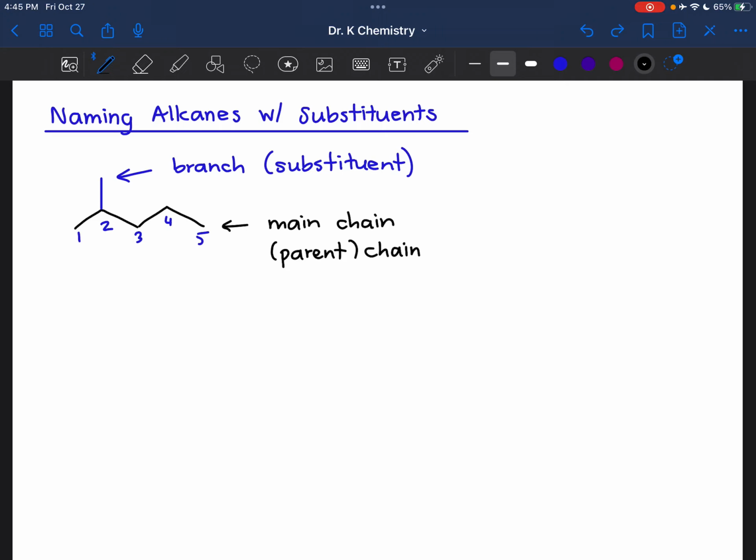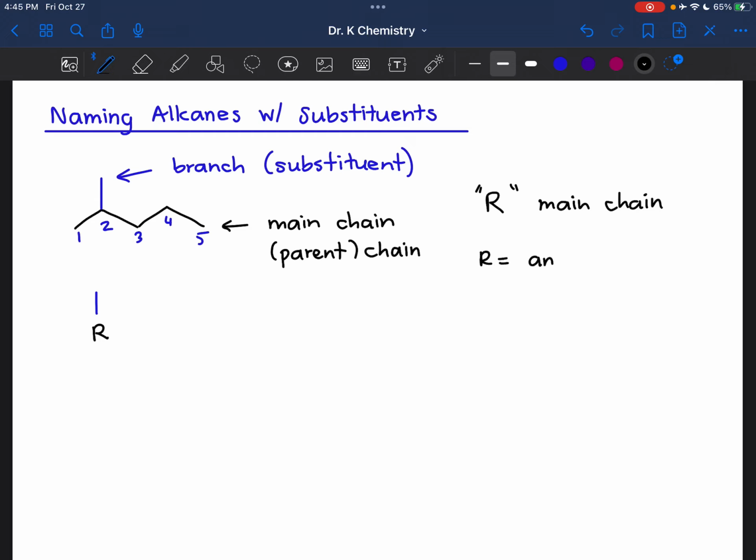The thing is that you're going to see different types of main chains, and you don't want to have to write every single possible combination. So we're going to use the term R to represent the main chain. The structure that I just drew, I could have drawn as R with a little branch up top.